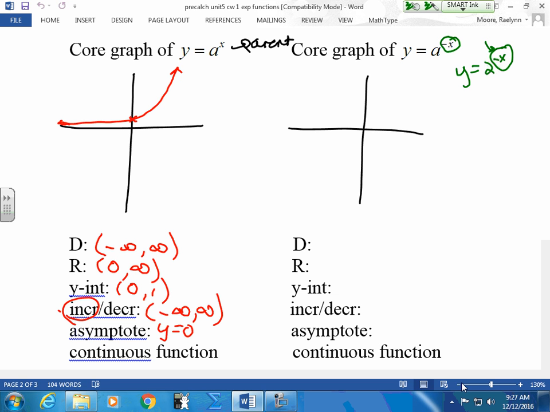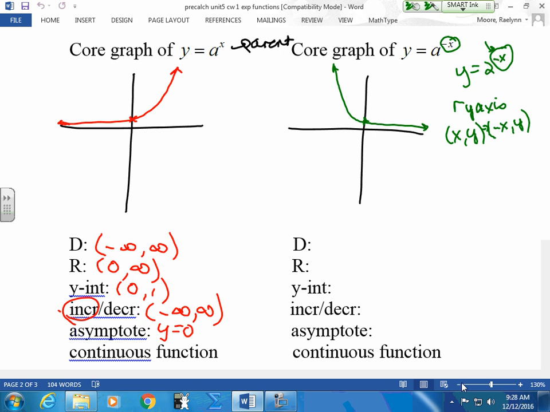When I take the x and I go from positive to negative, it flips it, it reflects it. Where is my reflection? Over the y-axis. The rule is when you negate the x, you get a reflection over the y-axis. So technically, it's going to change it a little bit, but it's going to give me a reflection this way.